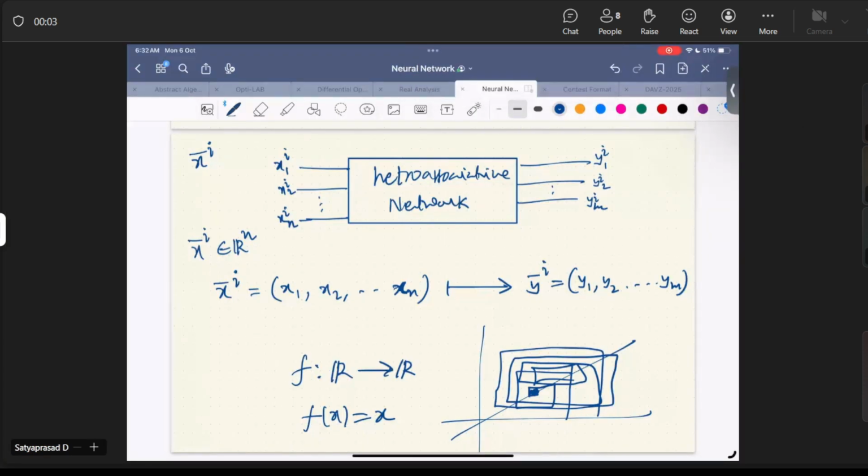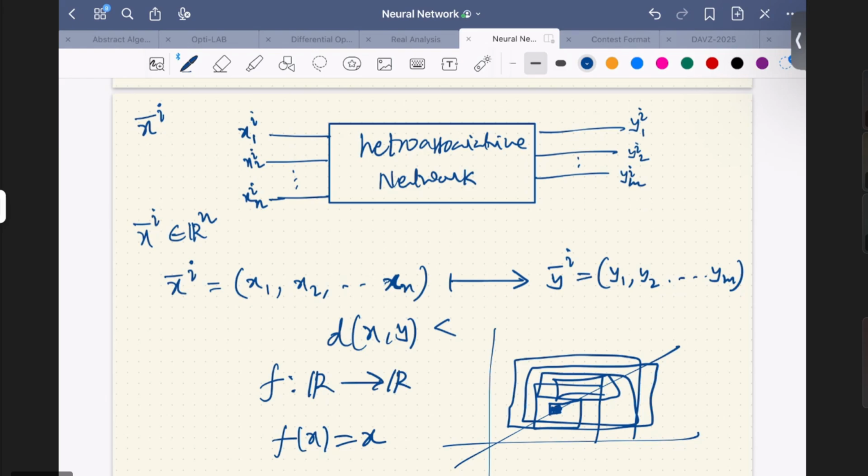In the contraction mapping theorem we have something like d of f of x comma f of y compared with d of x comma y, right? If after applying the function the distance behaves as smaller, then we say it is a contraction mapping, that is, less than or equal to alpha times d of x comma y, if there exists such an alpha.